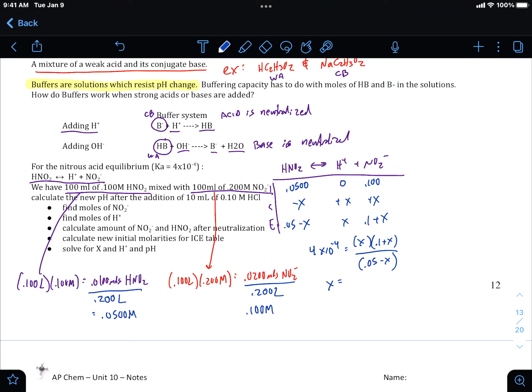All right, so I got 1.988 times 10 to the minus 4. Let's go 1.99 times 10 to the minus 4 for x. You guys get the same?